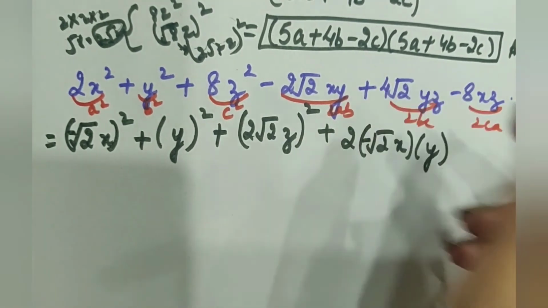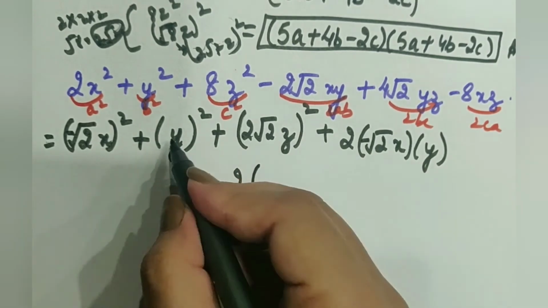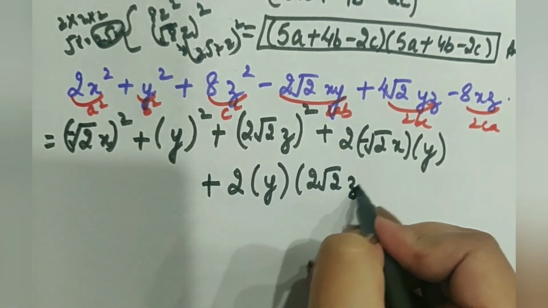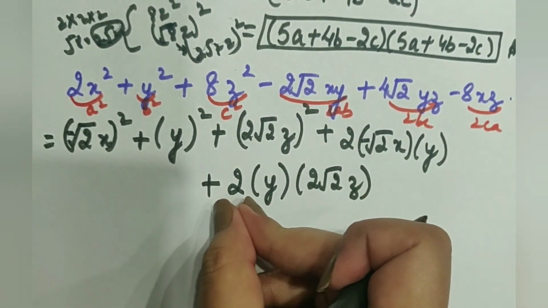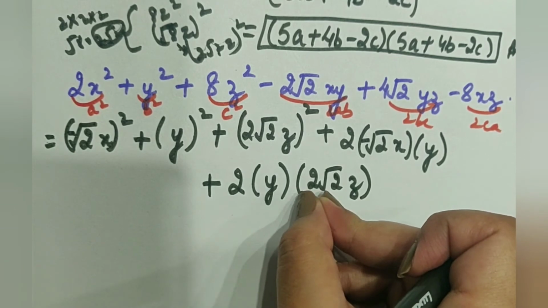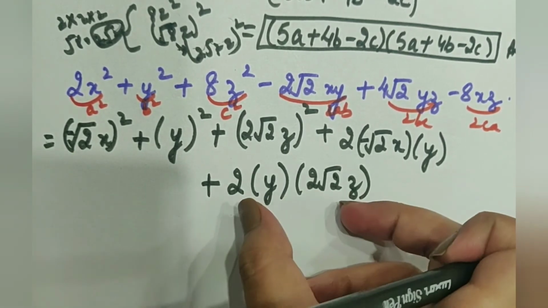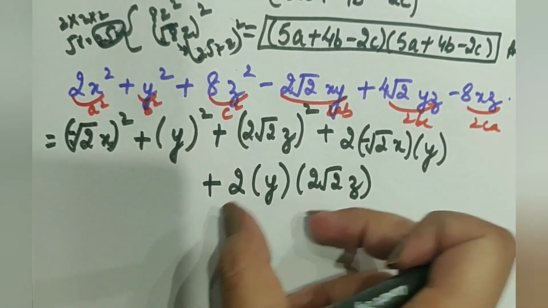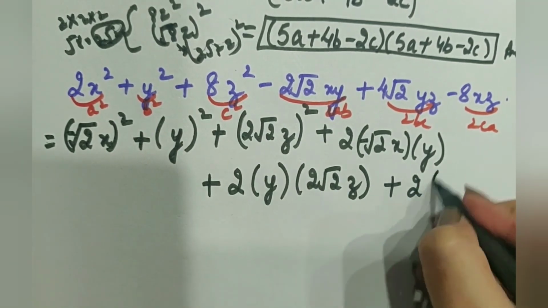Let's take the second one. It should be 2bc. That means 2 into y into 2 root 2 z. Now 2 into 2 is 4 into root 2 into yz. It becomes 4 root 2 yz, which was originally in the question. That means we are going right till here. Let's take the third one. It becomes 2ca.